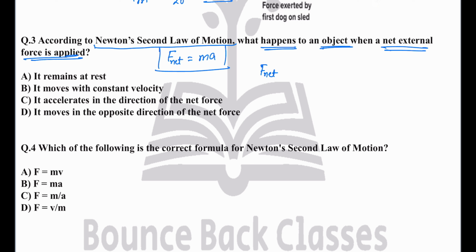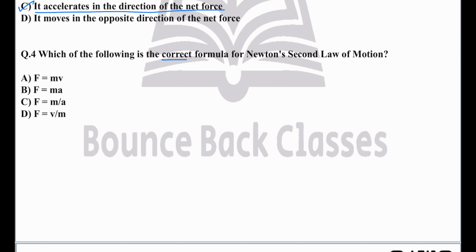F net is directly proportional to acceleration. So the answer is C. It accelerates in the direction of net force. Fine? Okay. Which is the correct formula for Newton's second law? Yes, I told you F net equals m times a. So B is your right answer.